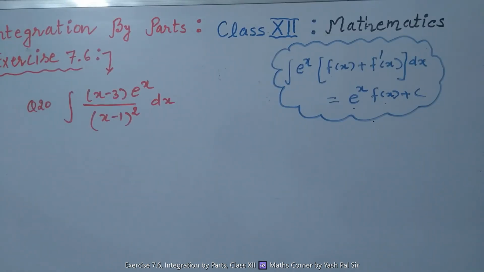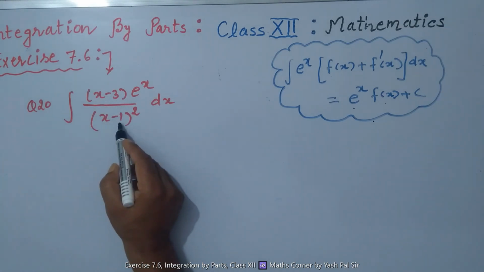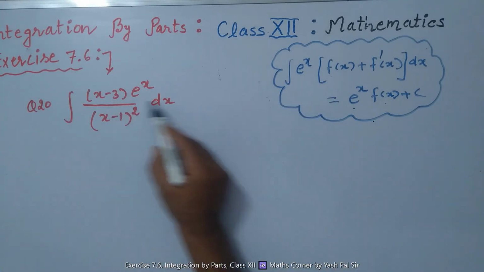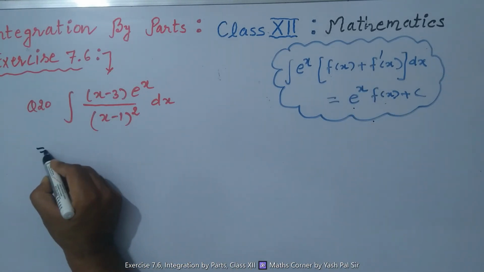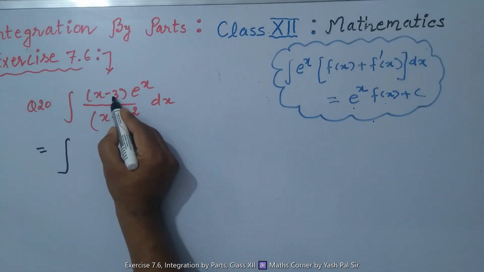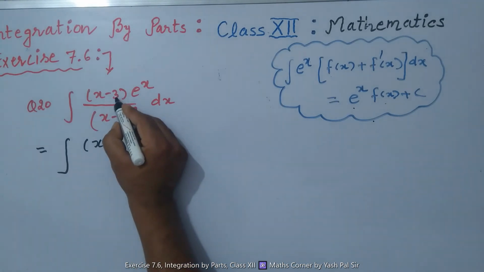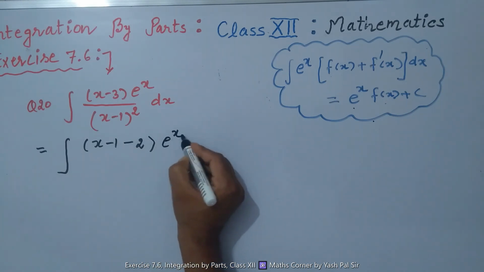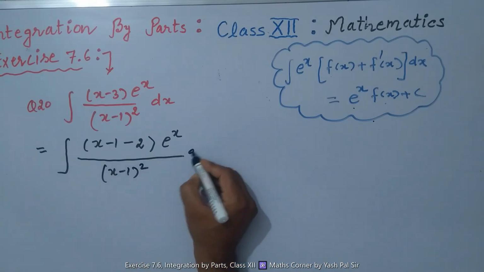Now coming to question number 20 of the exercise, x minus 3 into e power x upon x minus 1 whole cube dx. So again here also we are going to convert this into this type. For that purpose, according to the denominator, we are converting the numerator. X minus 3 can be written as x minus 1 minus 2, e power x outside upon x minus 1 whole cube into dx.